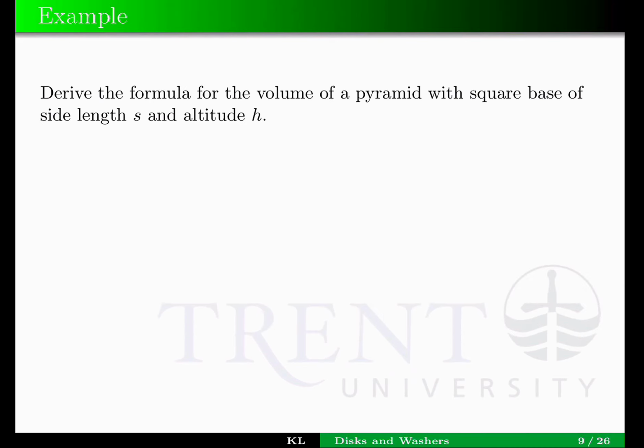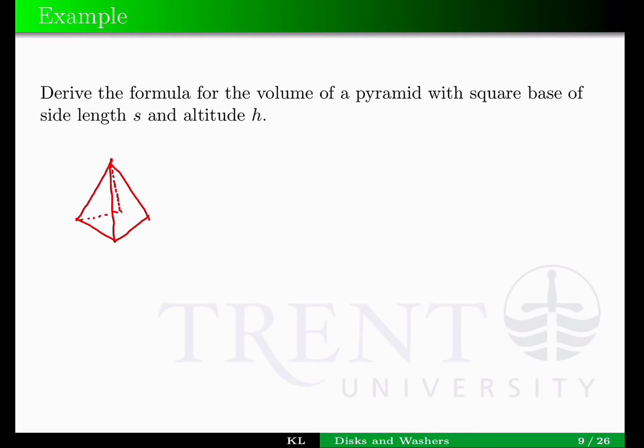So, derive a formula for the volume of a pyramid with square base of side length s and altitude h. If we look at the three-dimensional thing, then it could be something like this. We have this one here, this is on the side, and then here, and then maybe somewhere right here.